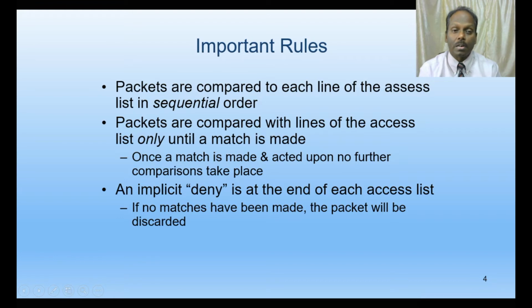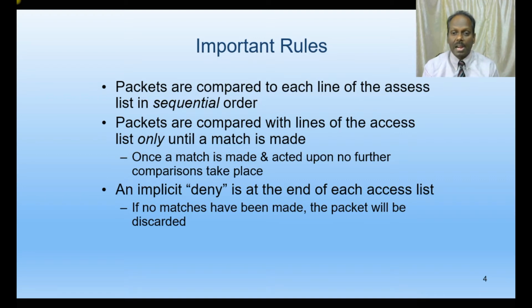The important rules you need to understand are that packets are compared to each line of the access list in sequential order. Whatever packets are coming, the router reads them, and based on the list, it allows or denies. Packets are compared with the lines of the access list only until a match is made.